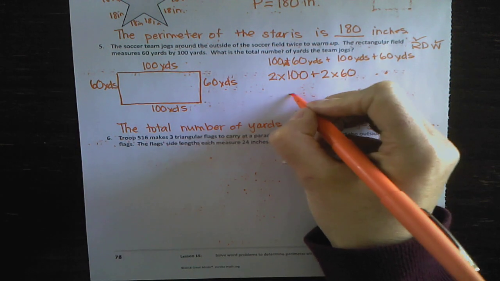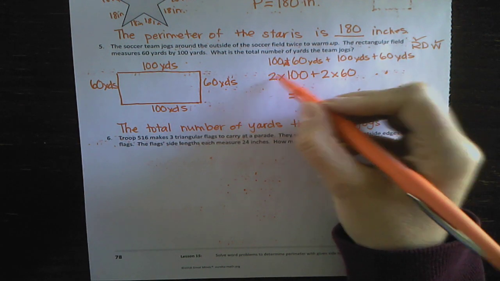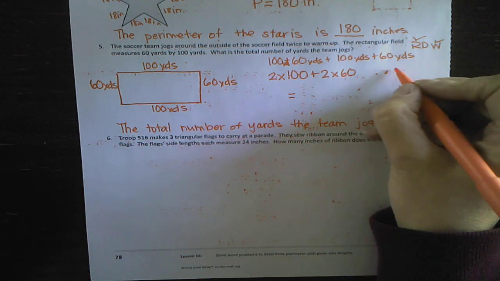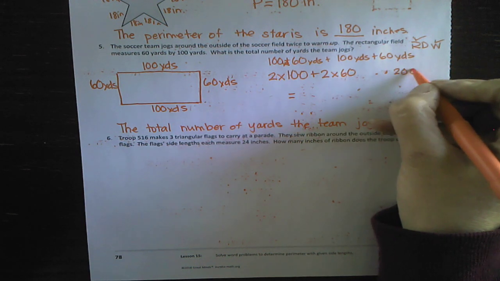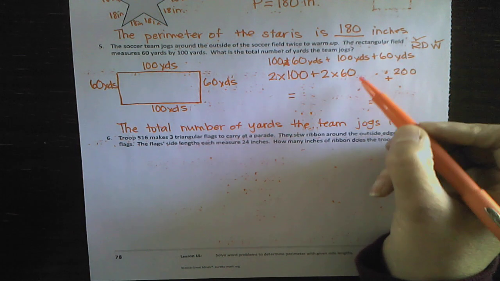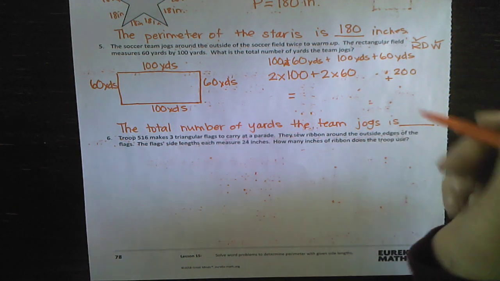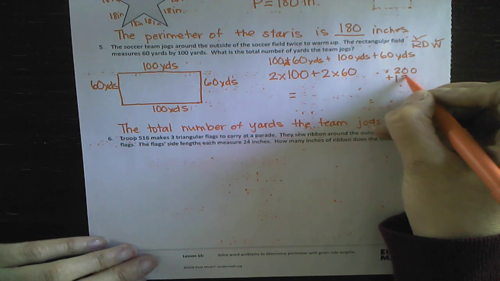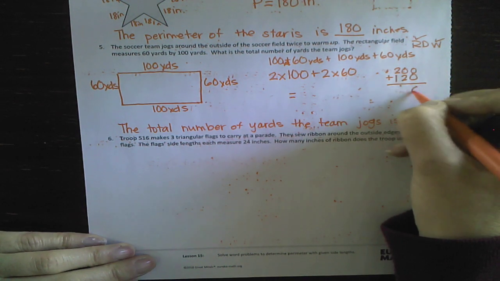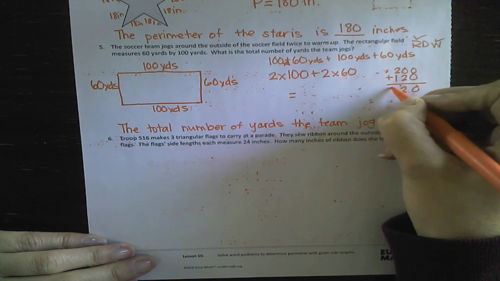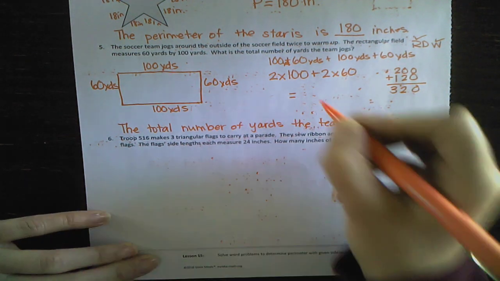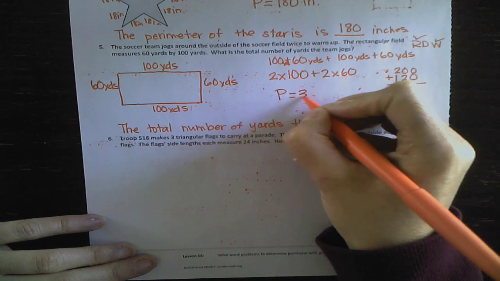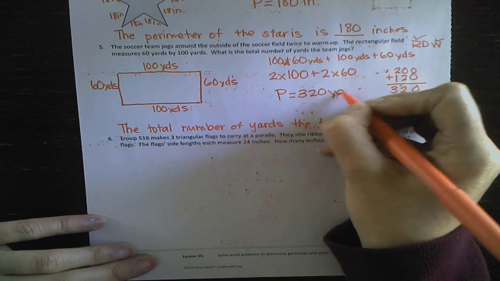So what are we going to find? If we add 2 times 100, which is, yes, 200. And 2 times 60, which is, yes, 120. We'll get 320. So the perimeter equals 320 yards.